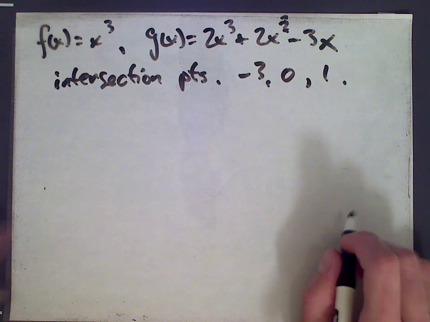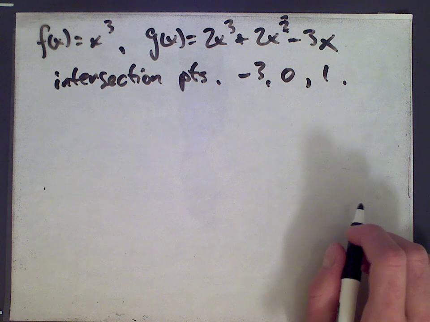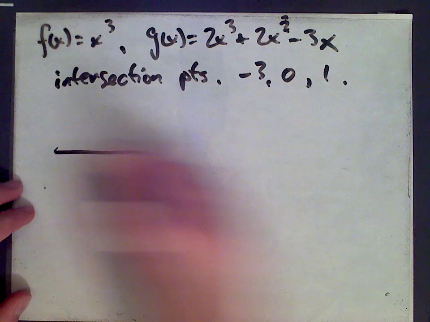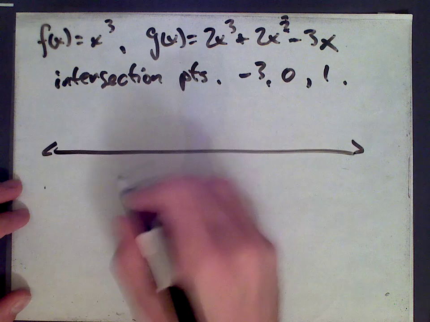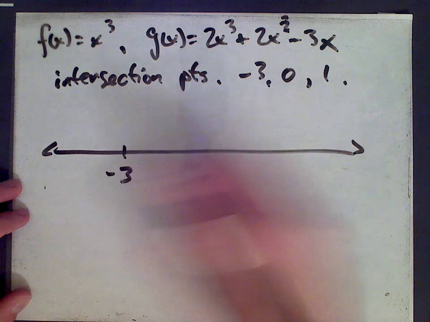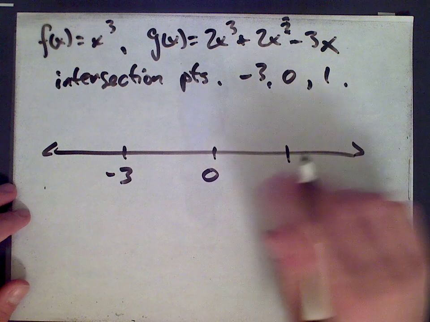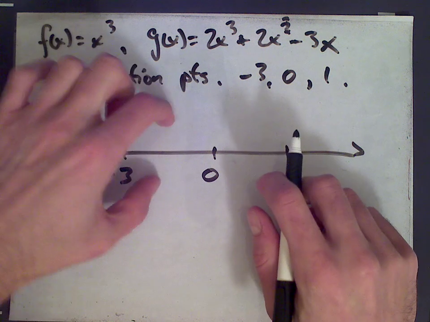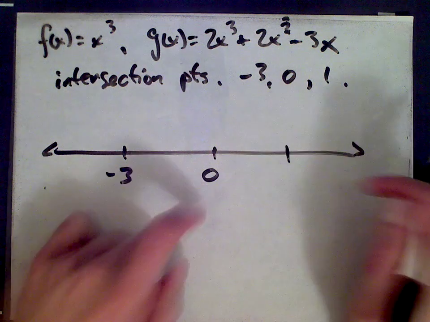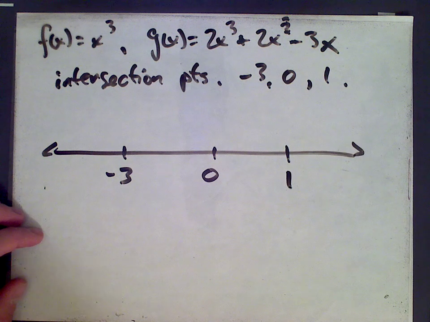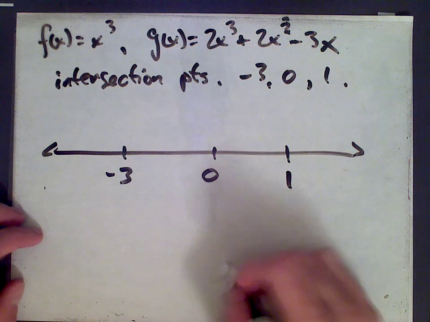We need to get the area between the two curves in two given regions: between negative 3 and 0, and also between 0 and 1. Let me draw a picture of what something like this might mean.